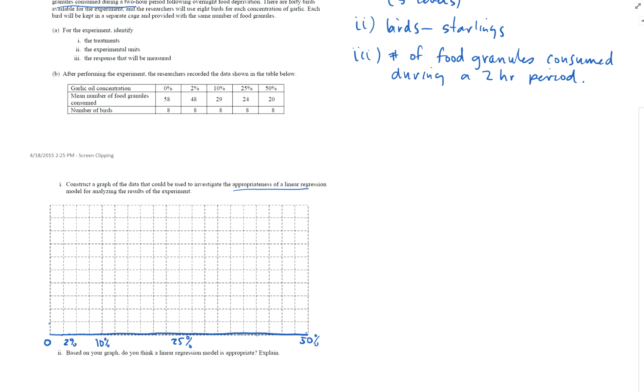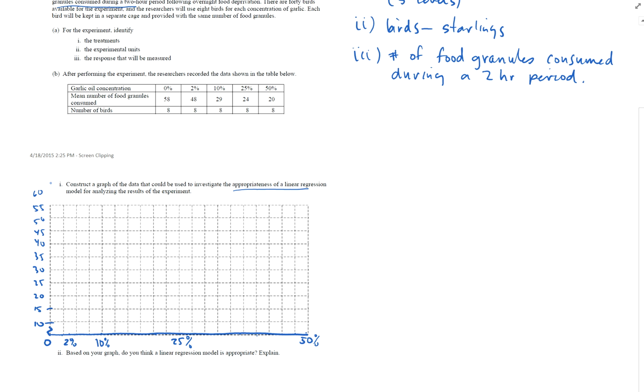So I'm going to go ahead and do 5, 10, 15, 20, 25, 30, 35, 40, 45, 50. That's not going to quite get me there. But if I skip here and go 10, 15, 20, 25, 30, 35, 40, 45, 50, 55, and then 60 would be up here.